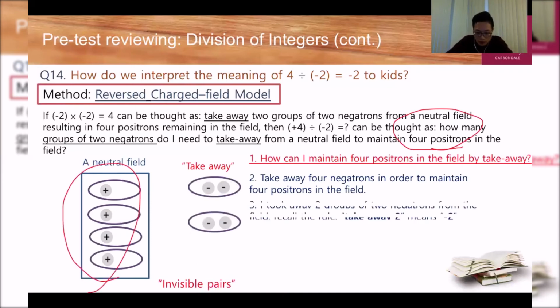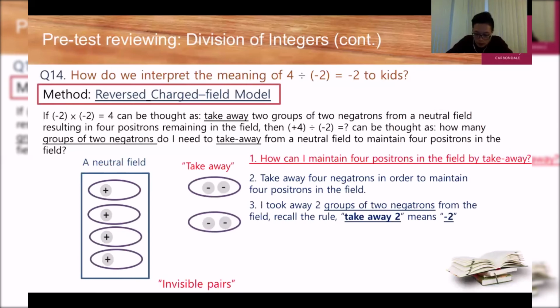So the question asks, how many groups of 2 negatrons, which comes from the divisor -2, were removed from the field? The first group of 2, the second group of 2 negatrons are removed.